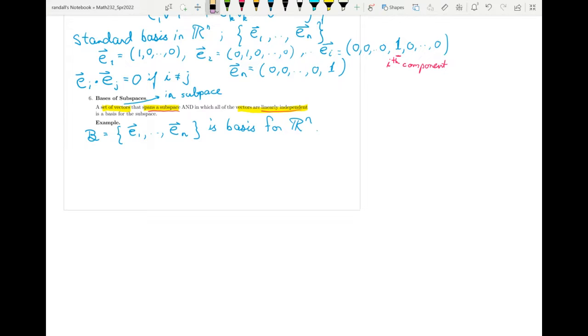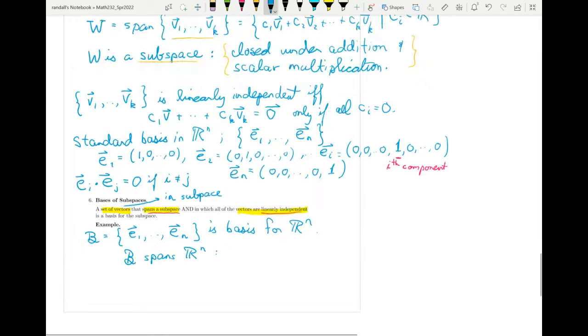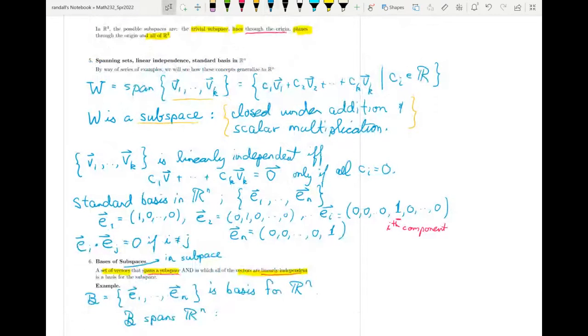So B spans Rn. Now, how do you prove that a set of vectors spans Rn? Remember the span, let's go back up here. The span of a set, which is this W, so span of V1 to Vk, is the set of all linear combinations.